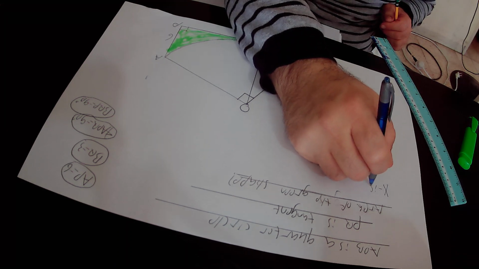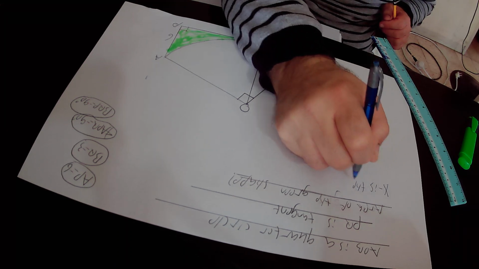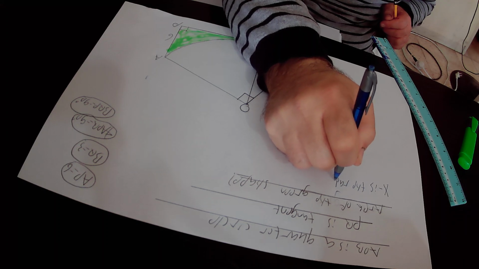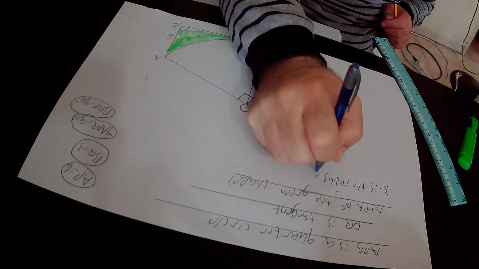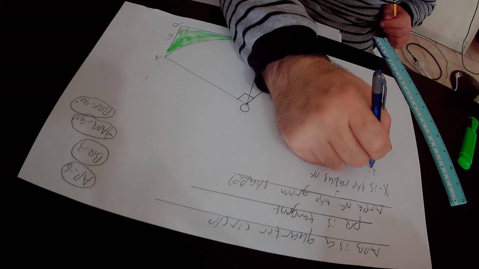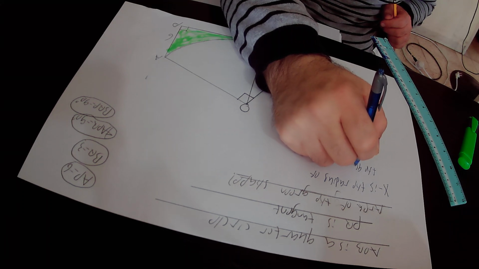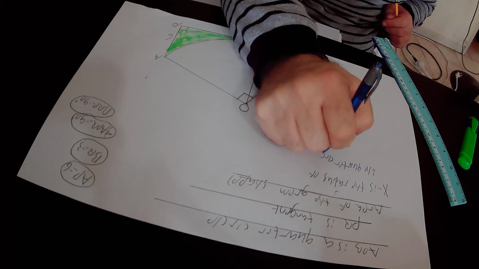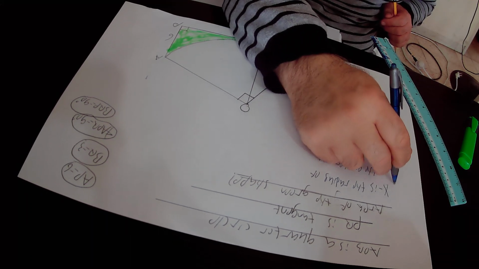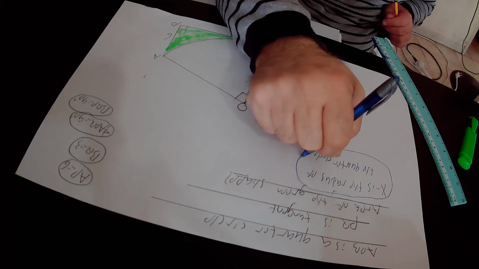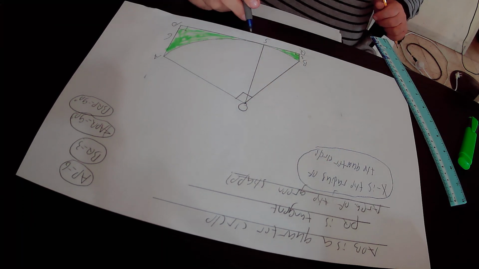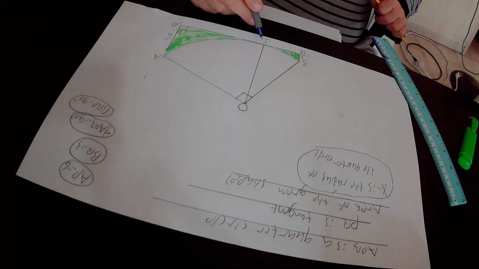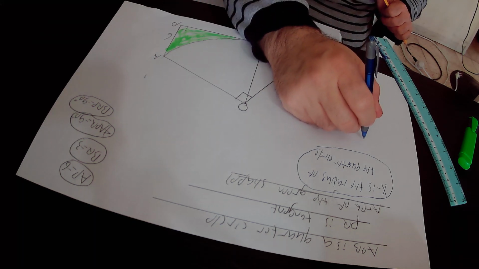X is the radius of the quarter circle. So OS equals X.